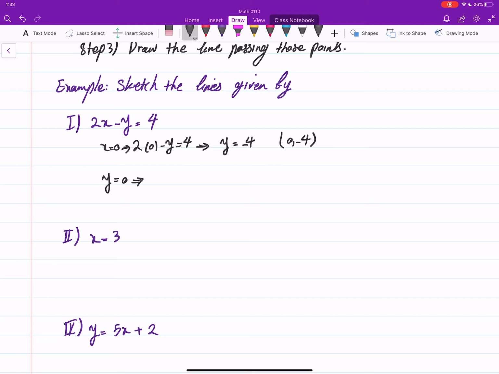So y equal to 0: 2x minus 0 equals 4. Then 2x is equal to 4, and as a result, x is equal to 2. So the other point is (2, 0).